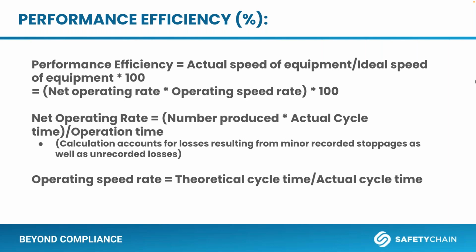And this calculation accounts for losses resulting from any minor recorded stoppages or unrecorded losses. Say if I'm running a lathe and I either slow the lathe down or I stop it to clear shavings out of the way, or whatever the case may be. Maybe a tool breaks and I need to replace the tool. This formula accounts for those minor stoppages. The operating speed rate is what's our theoretical cycle time divided by our actual cycle time. So again, just a different calculation of performance efficiency.